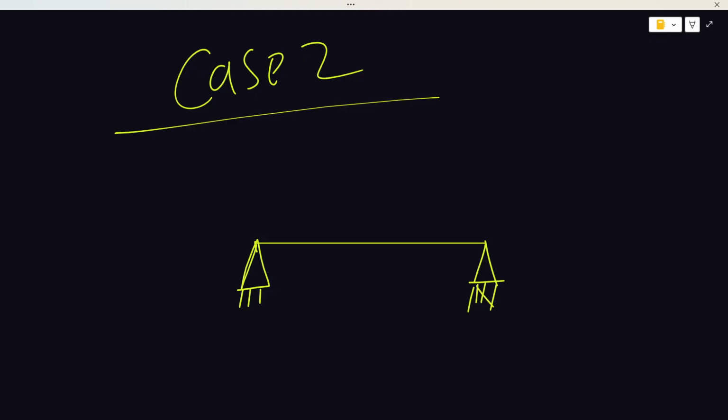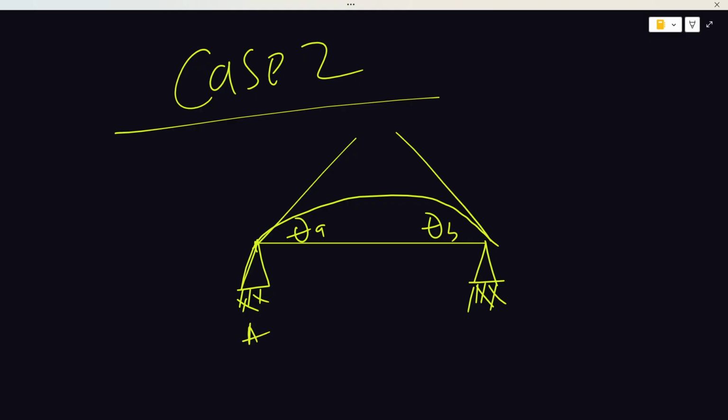Now this is pretty straightforward. Of course, the elastic curve would be like this. Theta B, where this is A and this is B. Once again, the elastic curve is upwards because I have a moment in this direction.